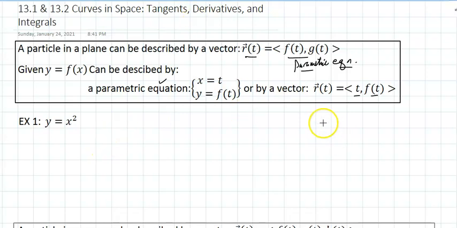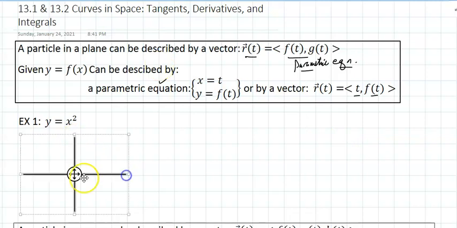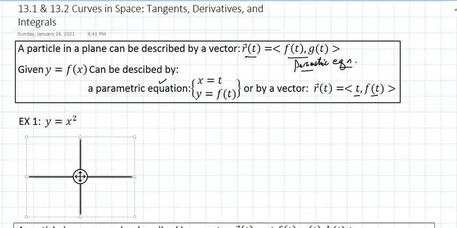If you glance at this, well, we know what that graph looks like. In rectangular coordinates, that's nothing more than our famous parabola. There it is.